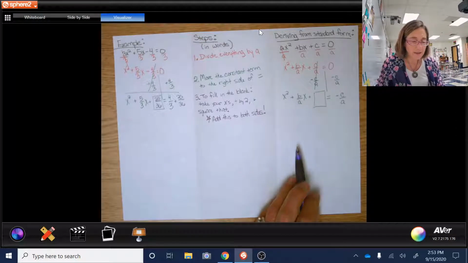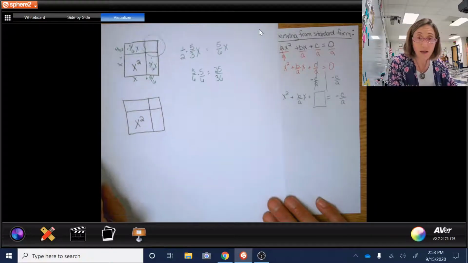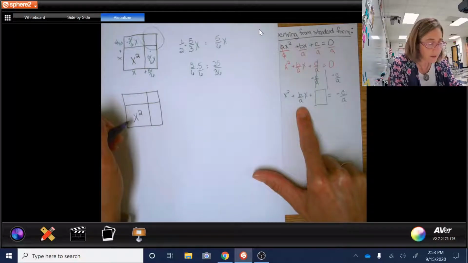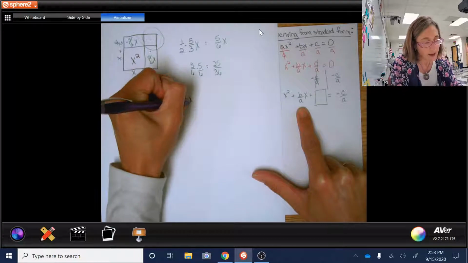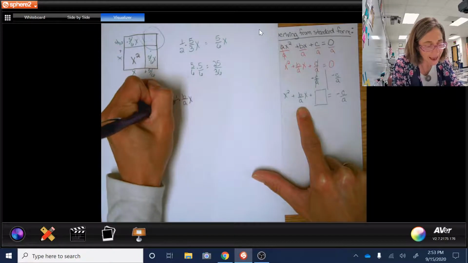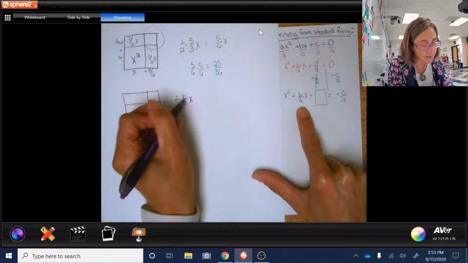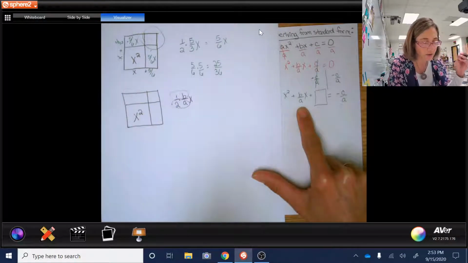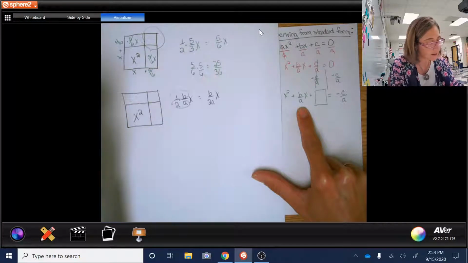So now we're going to do this in the hypothetical situation with all variables over here. So I have my x squared. What I have is b over a, x. So if I still want to split those in the two zones, I still want to take half of them and put it in each section. So that would be b over 2a if I multiply straight across on those fractions. So b over 2a.